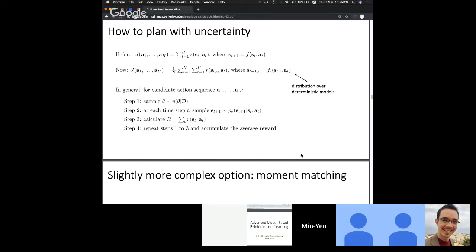Looks like it's averaging it. Step 1 is going to sample k times, and just going to average it over the k times.